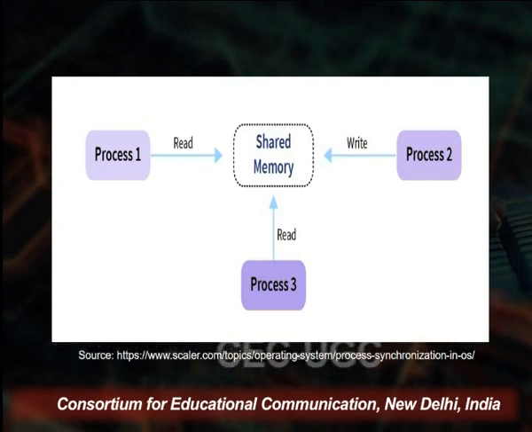Process 3 is also in a read mode, that means it is also accessing the data in a read mode, while process 2 is in the mode of updation, that means it is writing something on the data. So process 2 is writing on the data while process 1 and process 3 are reading that particular data. That means there is going to be an inconsistency here, that process 1 and process 3 may read a different version of that particular data than what process 2 is having. So this is a very common scenario when we talk about process synchronization.